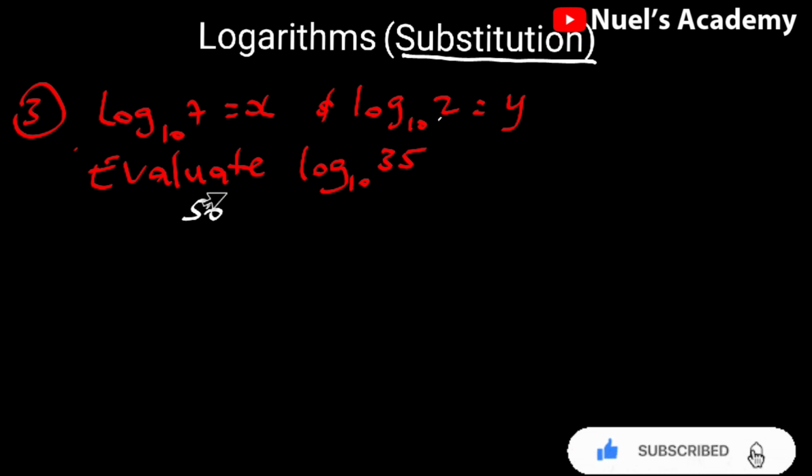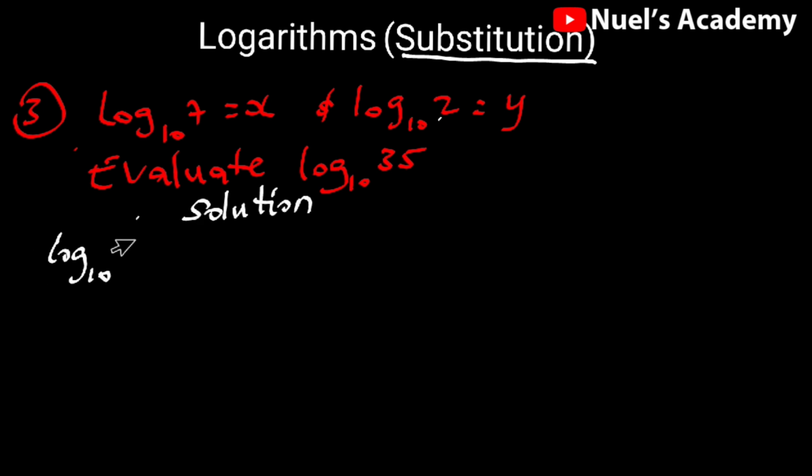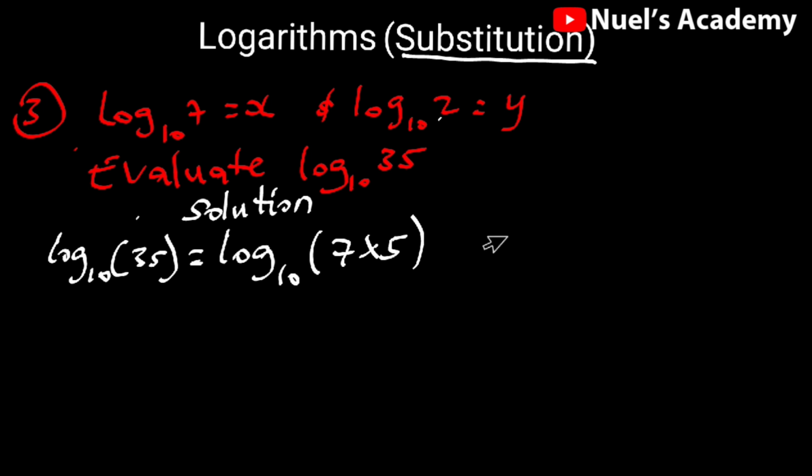So solution, this is log base 10 of 35. So 35 can be written as 7 times 5, because 7 times 5 is 35.